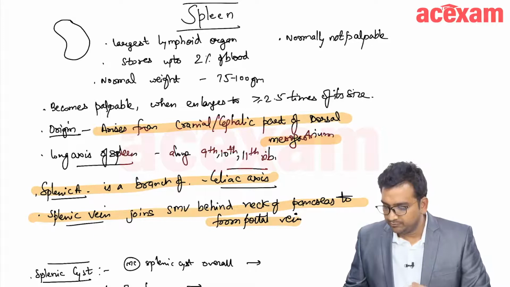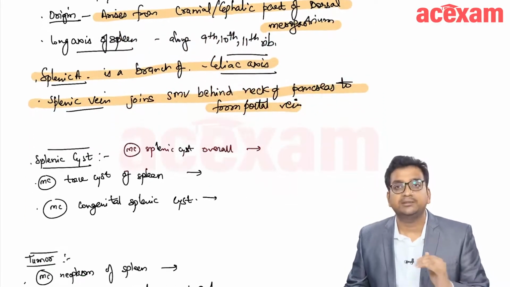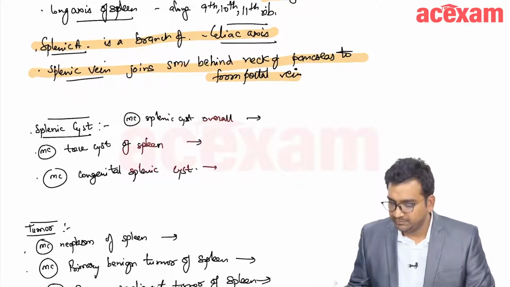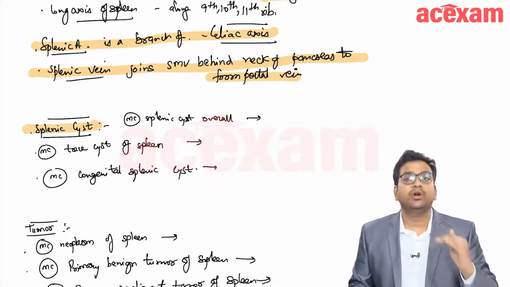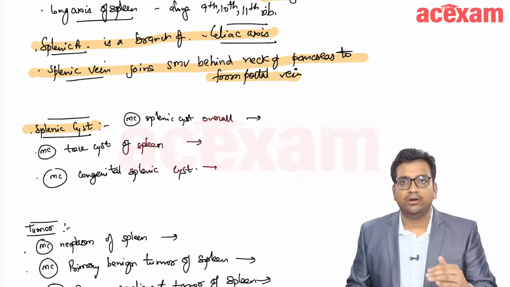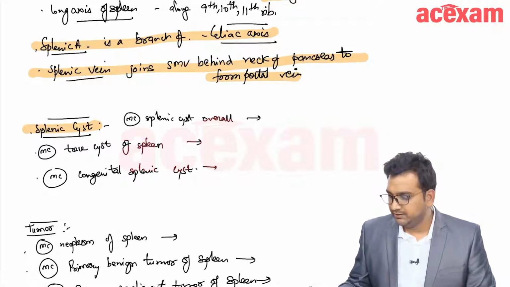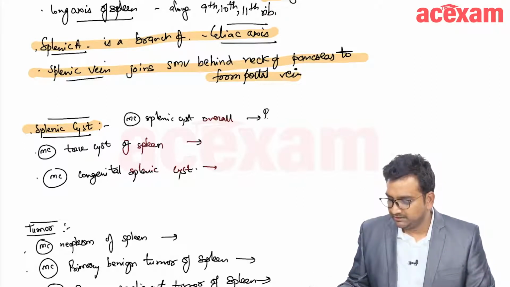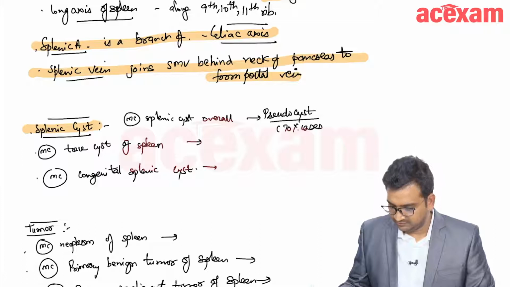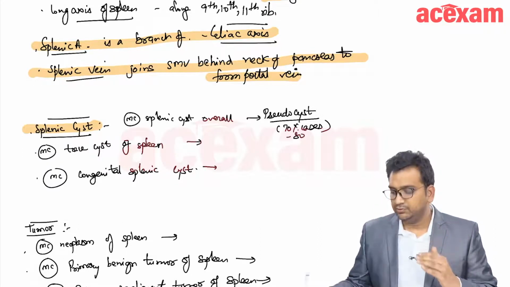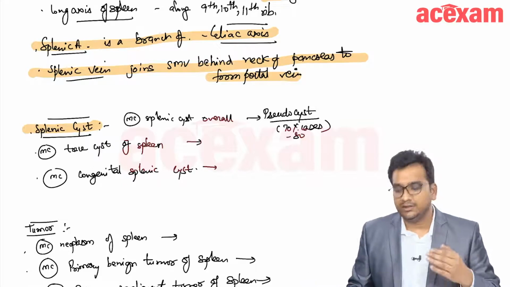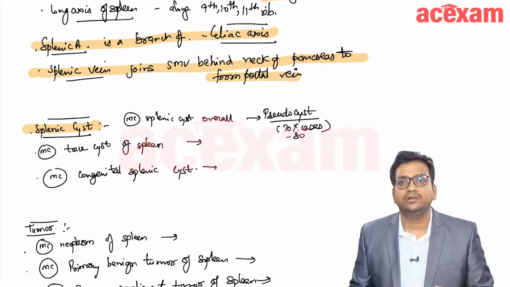Okay, now some important questions regarding spleen. First, we'll go for splenic cyst. What is the most common type of splenic cyst overall? Overall, the most common type of splenic cyst is actually a pseudocyst, which is seen in 70 to 80% cases. Now, this pseudocyst is not the actual cyst. Then what is the most common true cyst of the spleen?